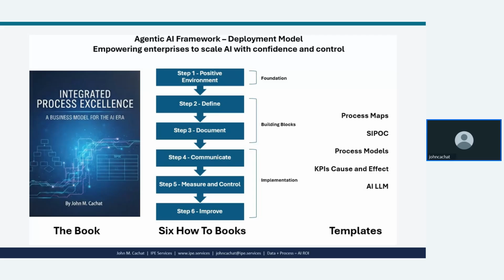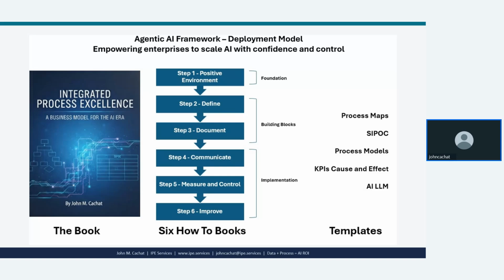And to be blunt, people didn't want to do it. It was too much work. I now can, in Microsoft Word, Excel, and PowerPoint, even pictures on grease boards, define process maps, SIPOC diagrams, process models, and the cause and effect analysis, and feed that into an LLM with a bunch of templates to do that.